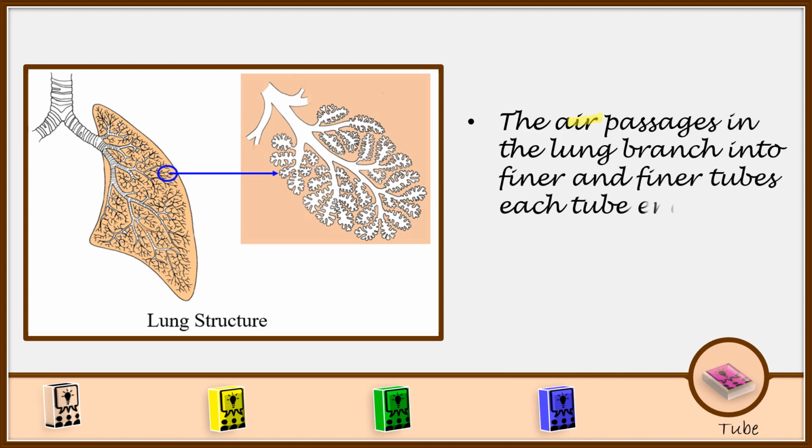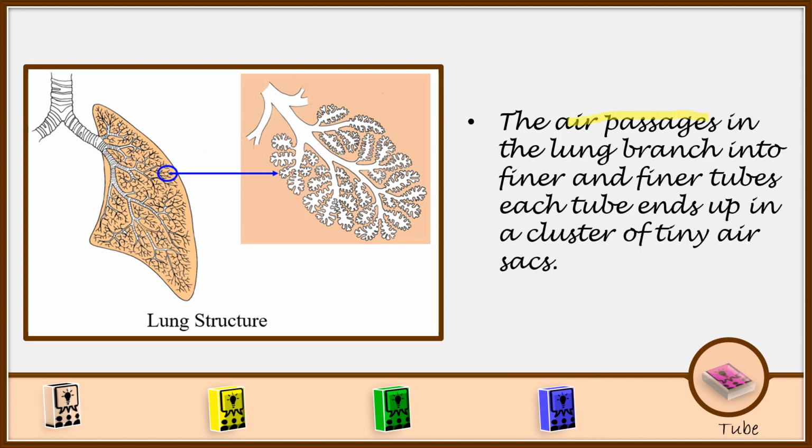The air passages in the lung branch into finer and finer tubes. Each tube ends up in a cluster of tiny air sacs.